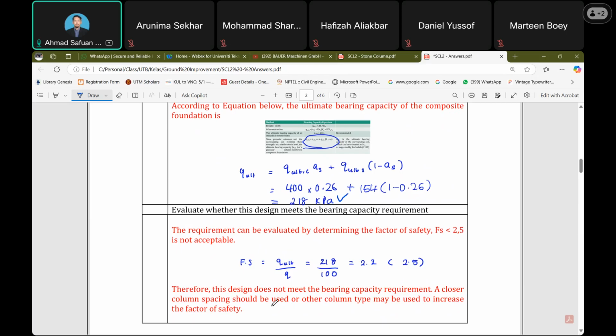So by having a closer column spacing, we may increase what we call the improvement area ratio. For example, if this will increase to 0.35 or 0.4, okay, 0.4.